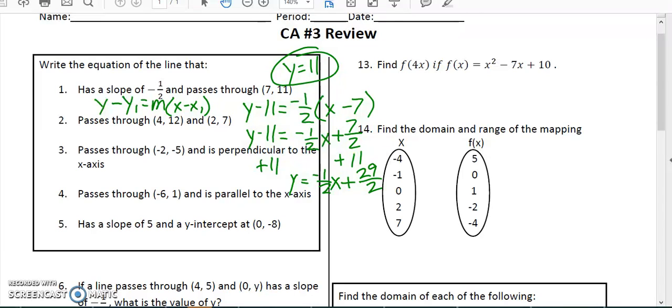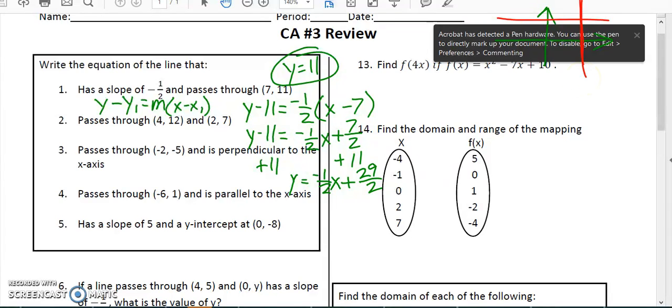If it were perpendicular to the x-axis, then you'd have a vertical line, because if this is the x-axis and this is the y-axis, then going parallel to it would be horizontal, and going perpendicular to it would be vertical, like so. So anyway, that's how you would work that out.